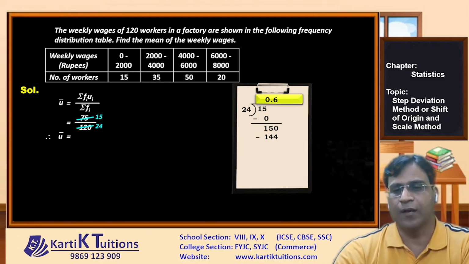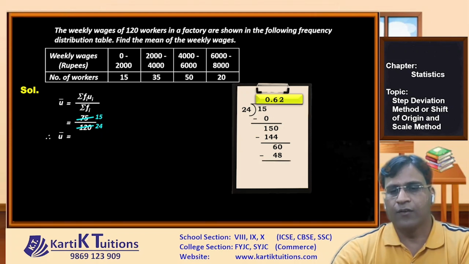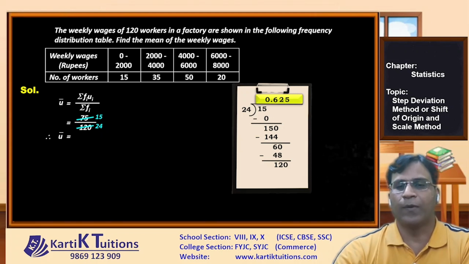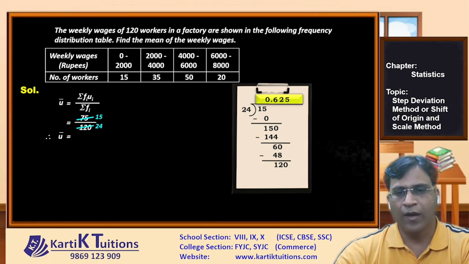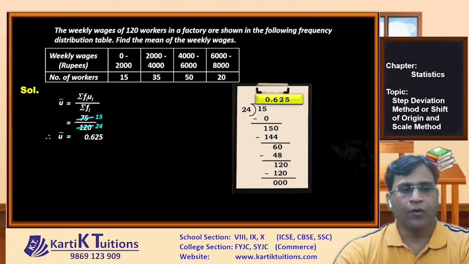So we'll take 6. Now 150 minus 144 gives us 6. Again you can take one decimal. Now it will go 2 times. So 24 2s are 48, which will give us the remainder as 12. Now again we can take 0 here. So that will go 5 times. So basically we got mean u as 0.625.